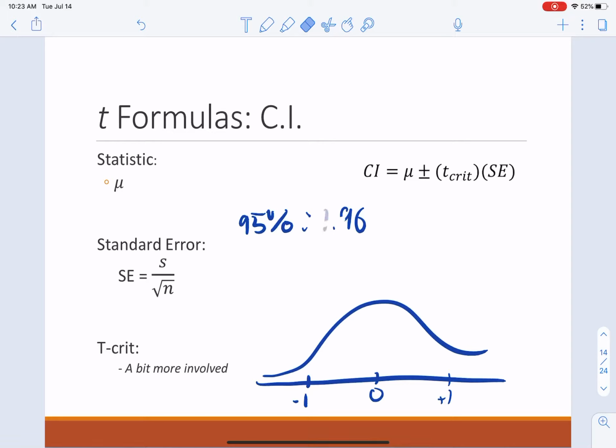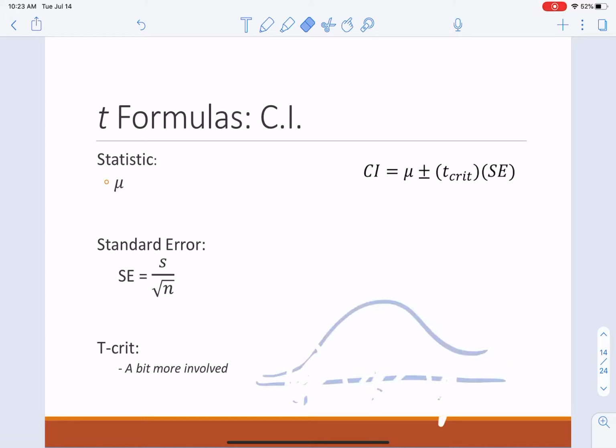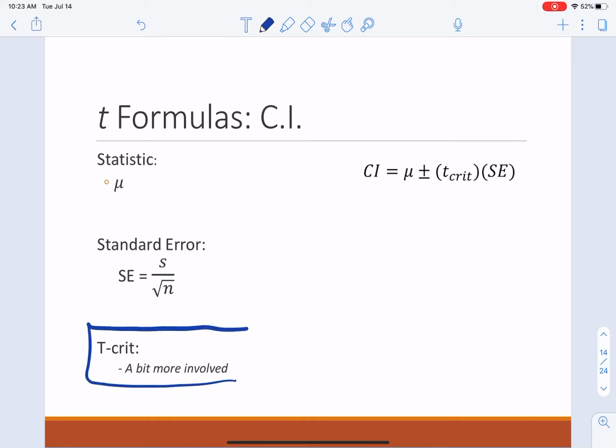It's fixed at that 0 mean, standard deviation of 1. But the quirky thing about the t-distribution is that it's based on degrees of freedom, right? So that means that this critical value is going to be different every single time, depending on what our sample size is. Kind of a pain, but it is okay.